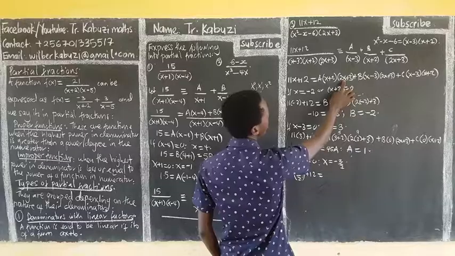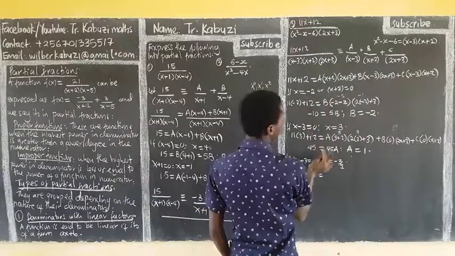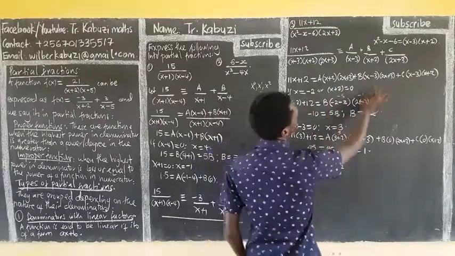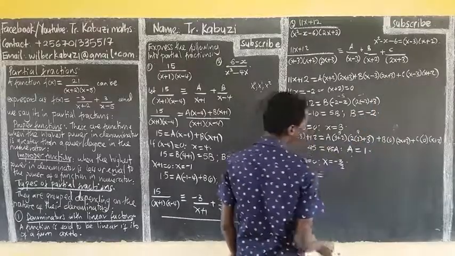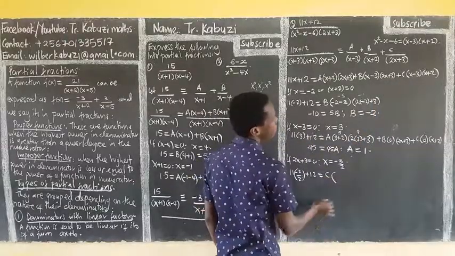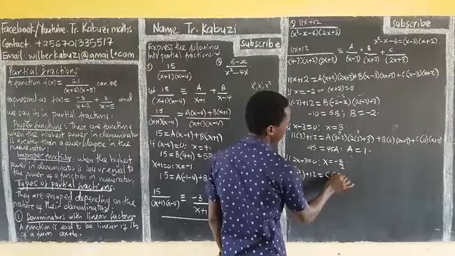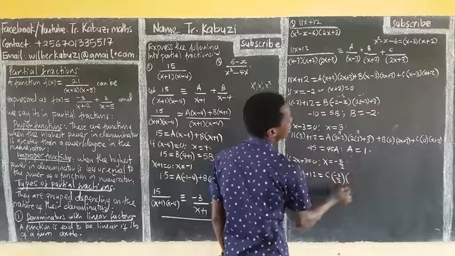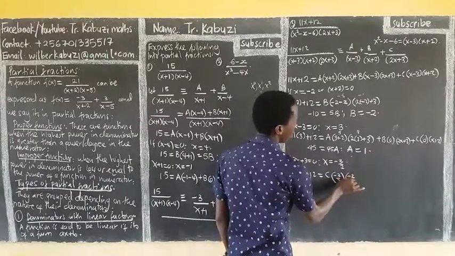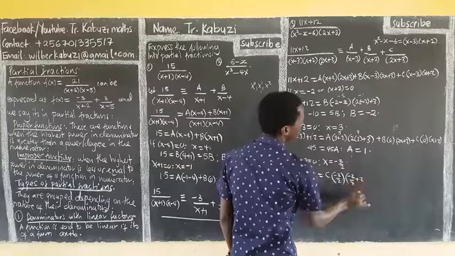Now this is going to be 0 because this is over 0. This is going to be 0. Then here I'm going to be adding c into negative 3 over 2 into negative 3 over 2 plus 2.